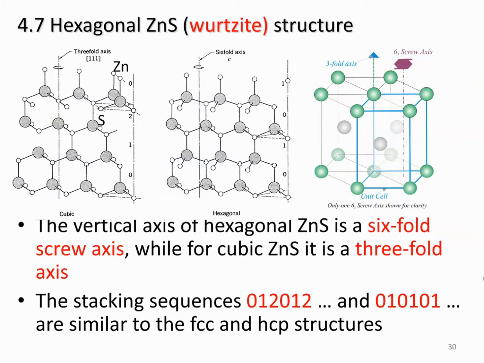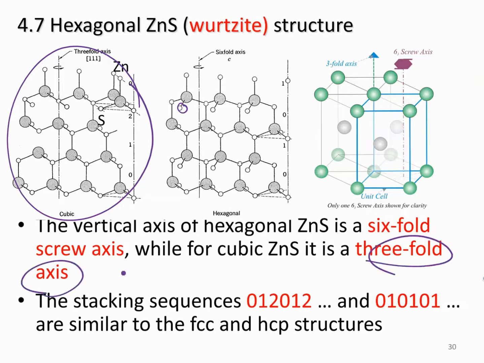A 6-fold screw axis means that the atom will rotate by 60 degrees and then be displaced. Whereas for this cubic, the face-centered cubic, it is composed of a 3-fold axis. That means that when you rotate 120 degrees, you will get back the identical atom.